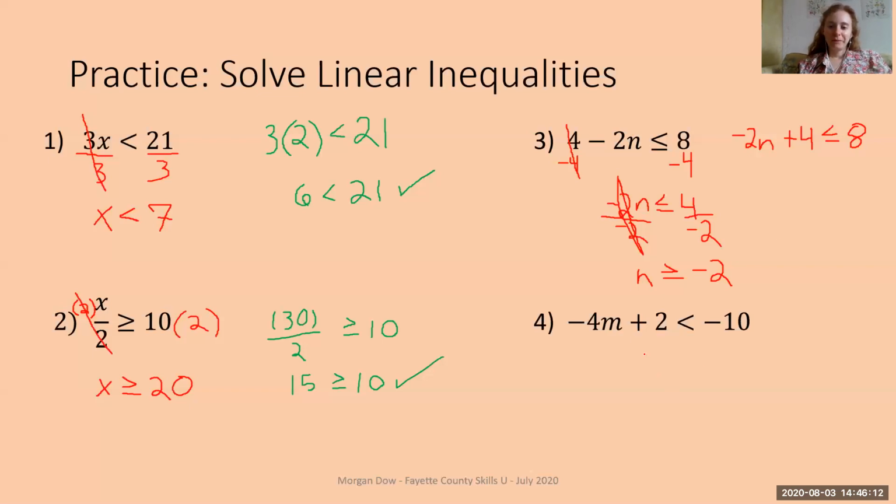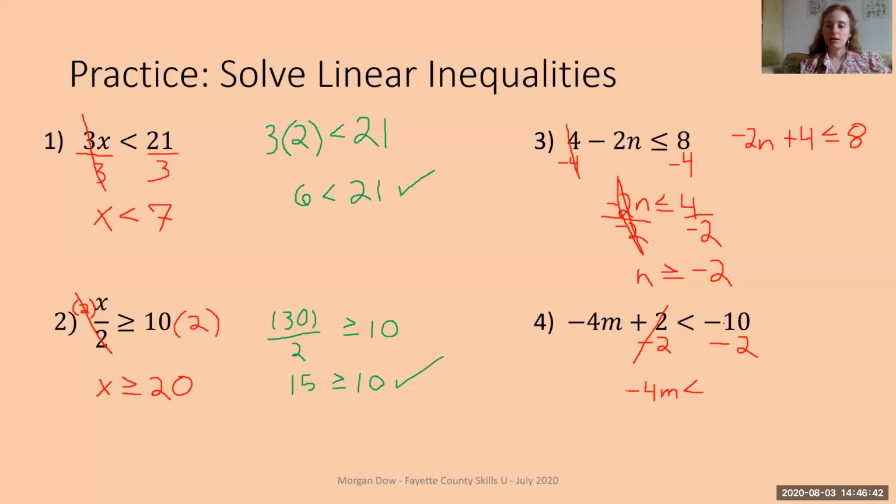All right, number 4. This is another 2-step inequality. I see I've got multiplication and addition. So this +2, I'm going to start by canceling out that addition. Subtract 2 from both sides. Those 2's will cancel. So what do I have remaining here? I've got a -4m.